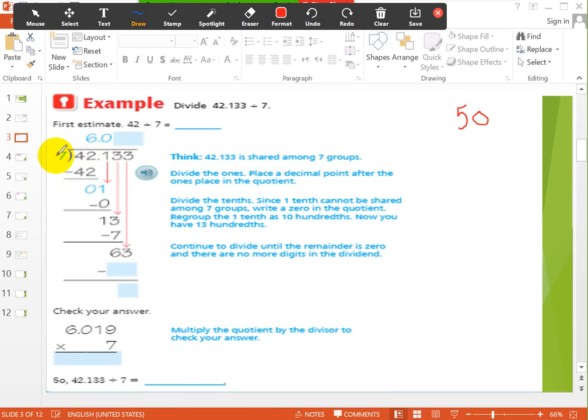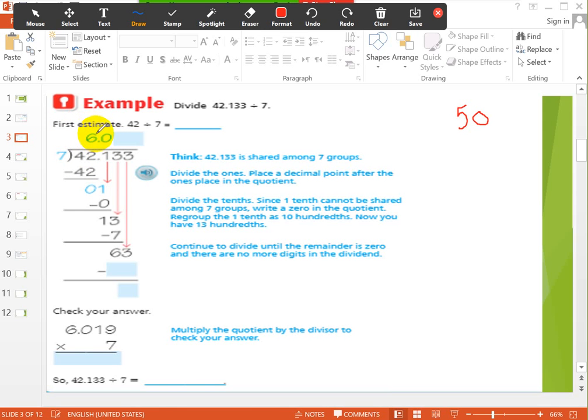42 divided by 7. Which number will I multiply with 7? The answer will be 42. Thank you, Manan. That's right. 6 multiply 7 equals 42. That means 42 divided by 7 equals 6.